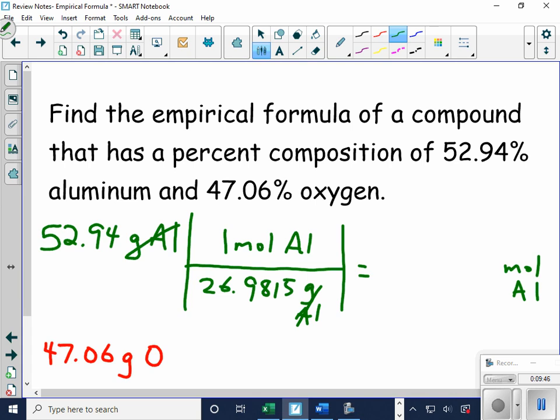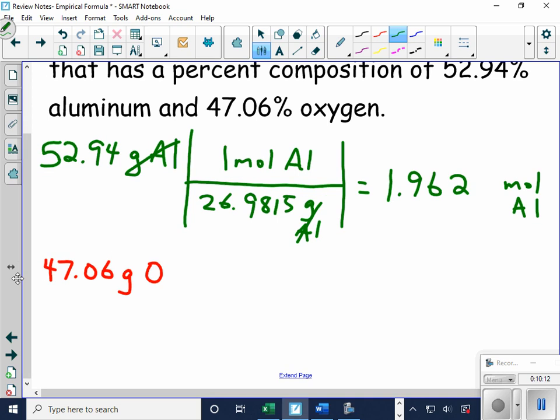I grab my calculator and I say, okay, 52.94 divided by 26.9815, and I get a value of 1.962 moles of aluminum. I'm going to do the same thing with my oxygen.